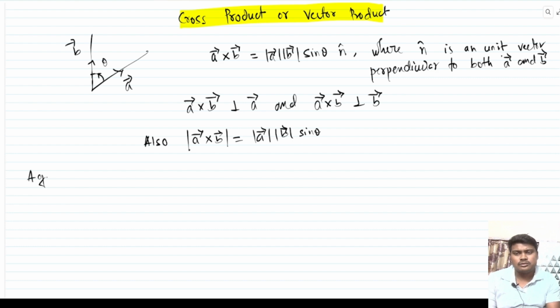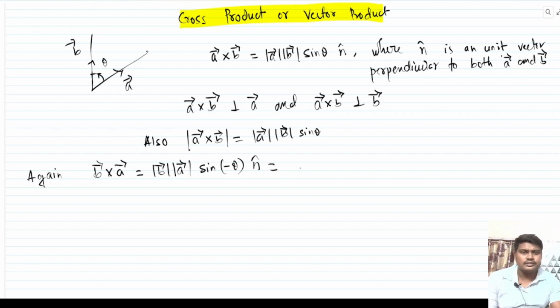Again, b cross a is equal to mod b mod a sin minus theta. That is, minus mod b mod a sin theta into n cap, which is equal to minus a cross b.